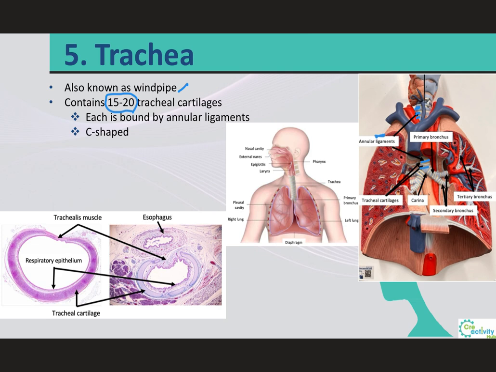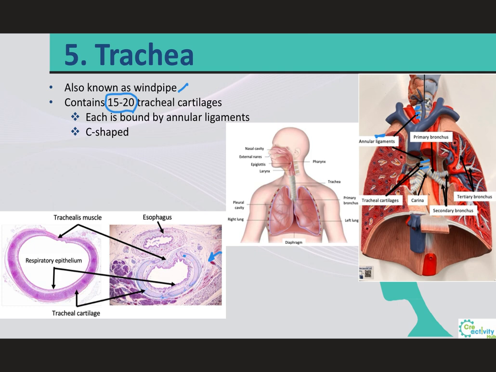Now the trachea, because of the cartilage, is actually a very tough, but somewhat flexible tube. And it is flexible because, like I said, it doesn't form a complete circle. Therefore, we say that each tracheal cartilage is actually C-shaped. And we can see right over here from this image, I think this is a perfect image to show you this C-shaped structure.